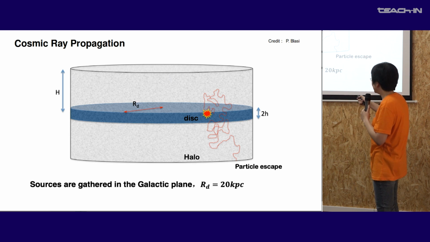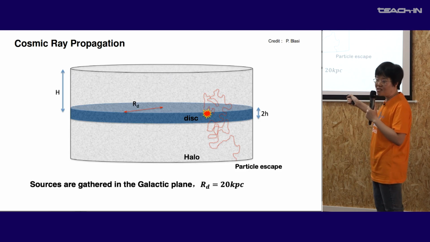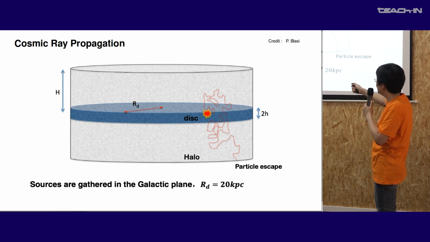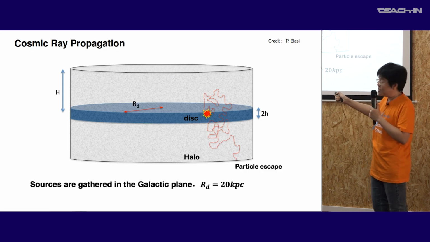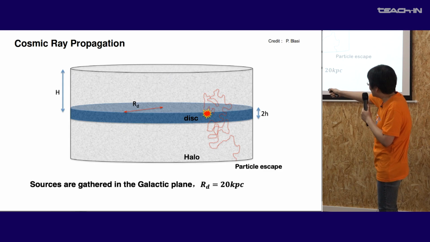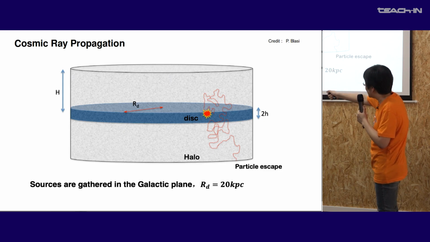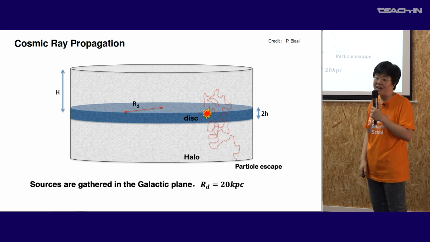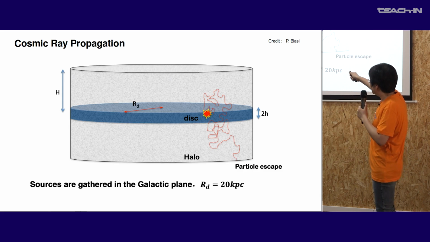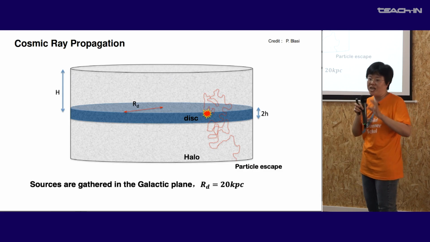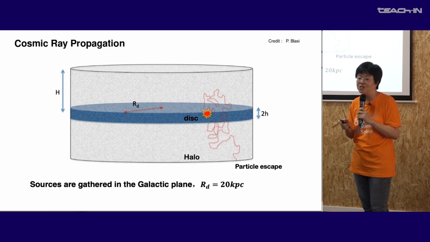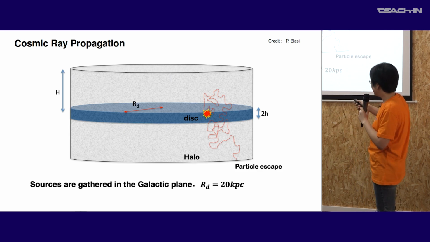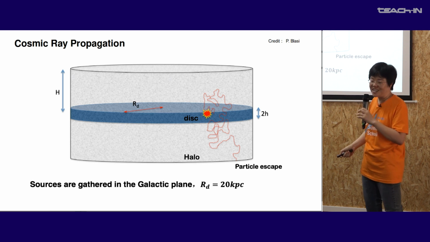There is also a chance for them, if they move with the magnetic field, to leave our galaxy. Most of the magnetic field is concentrated in our galactic plane. Outside this part there is a much weaker magnetic field, so we don't take that into account. And that's our model for the galaxy.